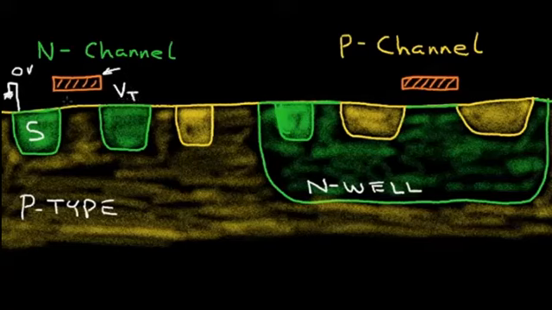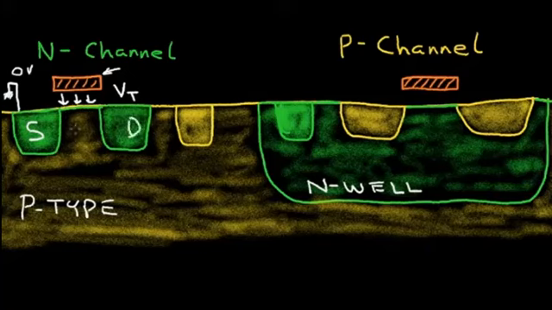And that's the critical voltage at which the strength of this electric field under the gate is just enough to start inverting this P-type region to an N-type region, and thus getting conduction between the source and the drain shown here.